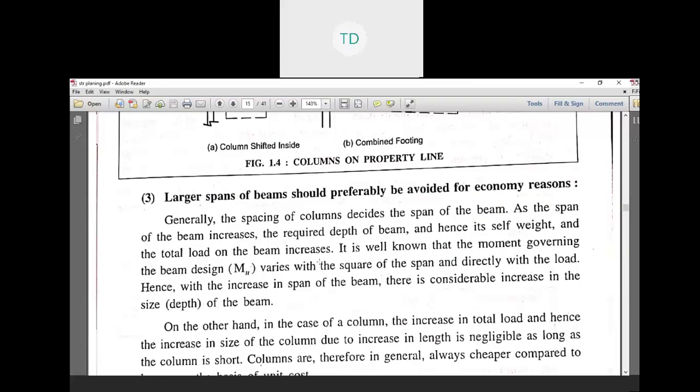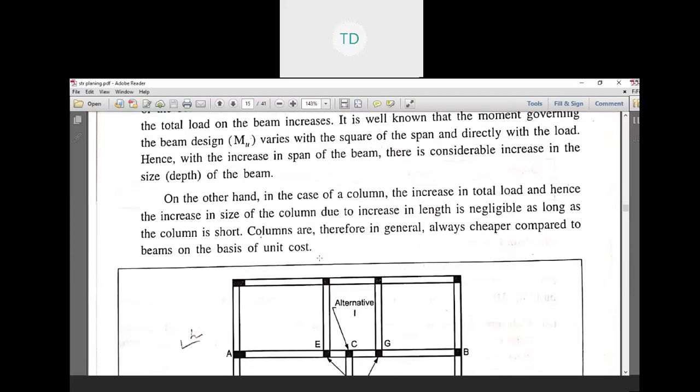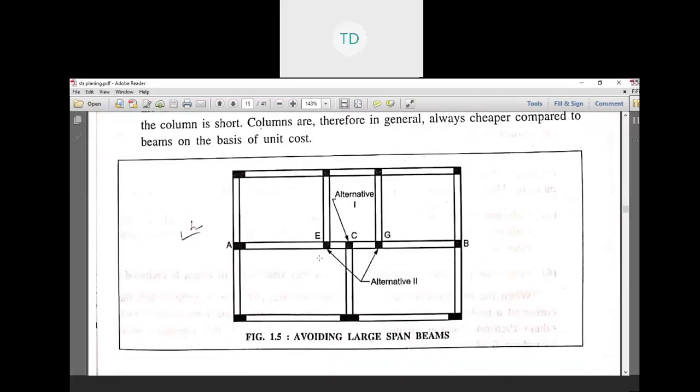Large span of beam should preferably be avoided for economy reasons. We can see a figure in which we can take 1, 2, 3, 4, 5, 6, 7, 8, and 9 columns fixed. But in such a condition, there are 3 beams placed in one beam.